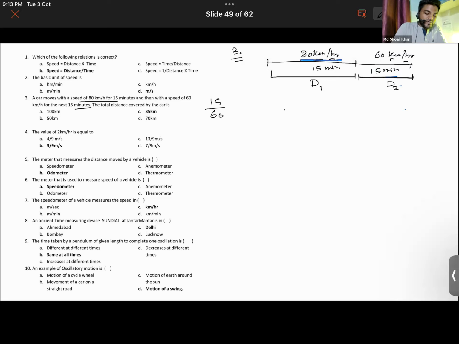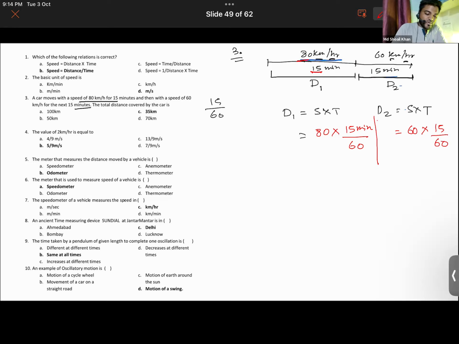In this case, d1 will be speed into time, and d2 will also be speed into time. So here the speed is 80 kilometer per hour multiplied with the time. Time is 15 minutes here. To convert into hours, we divide it by 60, right? And d2 will be 60 multiplied by 15 upon 60 again.